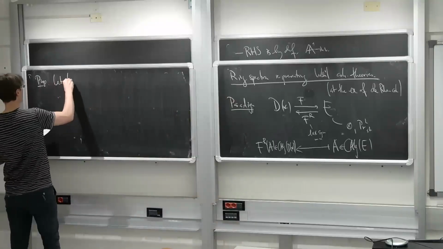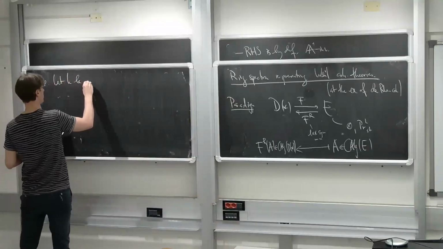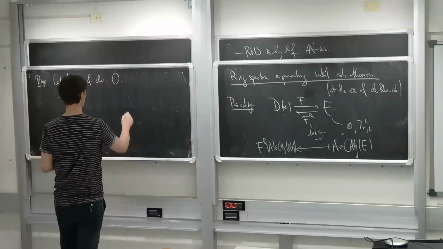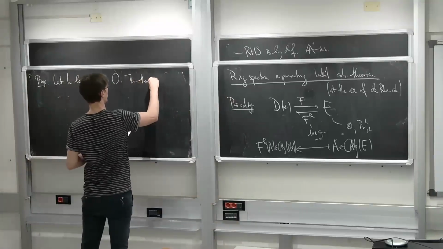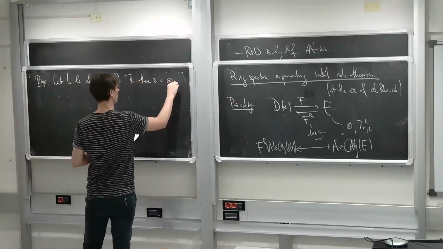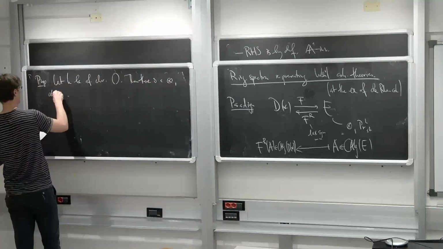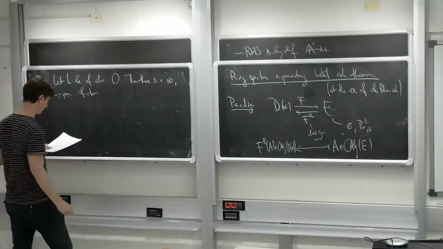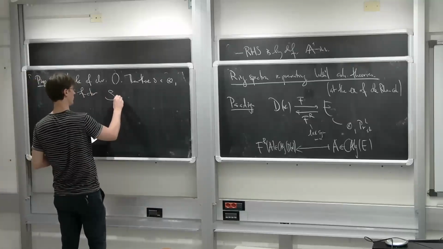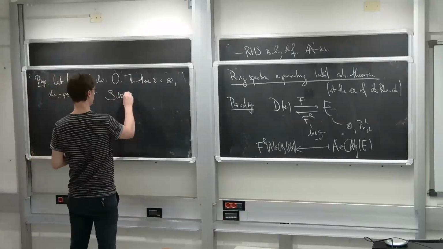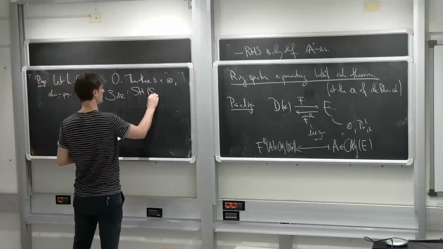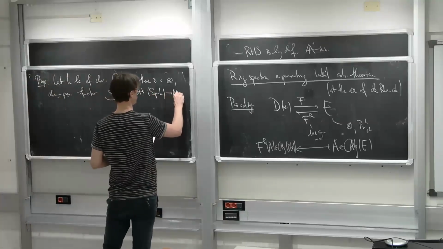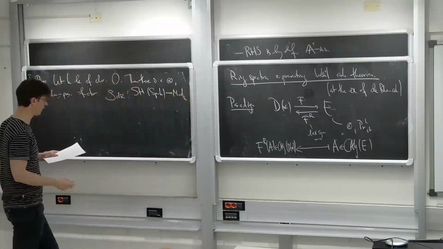Let K be a field of characteristic 0, and then there is a symmetric monoidal and colimit preserving functor, which I call the Betti realization, from SH of K to Mod K, the derived category of vector spaces.